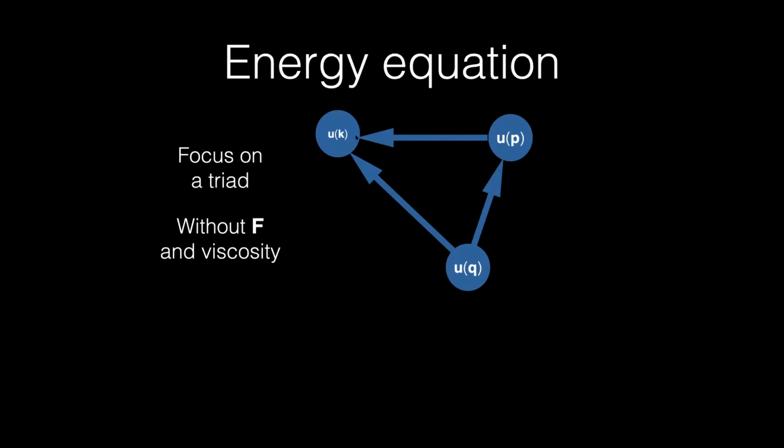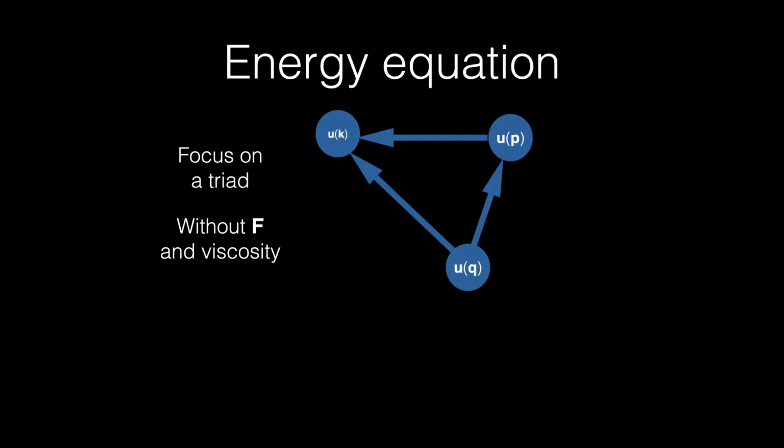The U(k) mode, which I'm pointing to with the mouse, is getting energy in a triad. So we focus on a triad. The triad is the basic unit. Energy flows from two Fourier modes, U(p) and U(q), to U(k). This is a bit technical, but I want to explain this important thing.